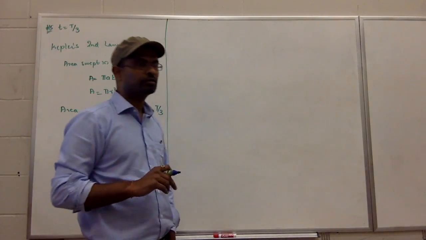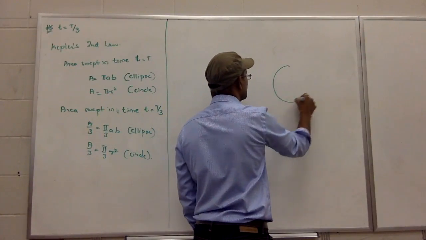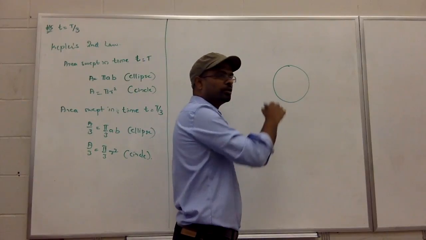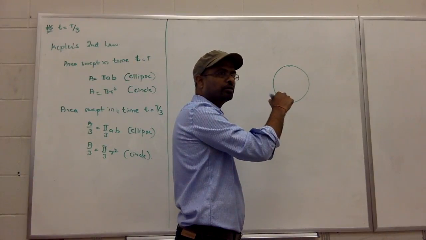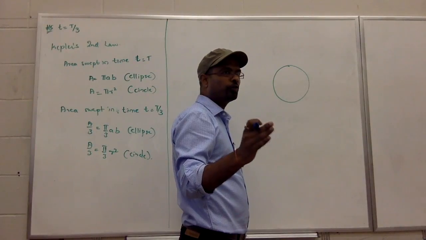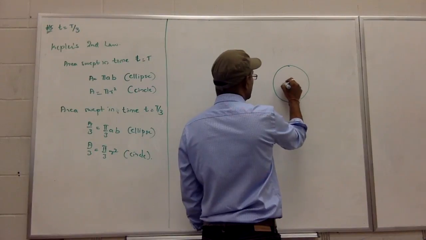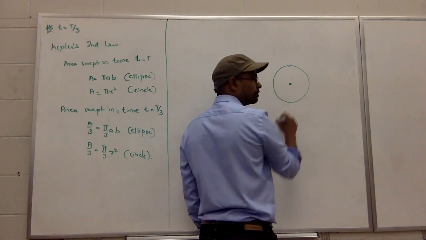So you have the circle. Let's draw it. This is Earth. Guys, pay attention. You're talking too much because nobody is able to hear. This is Earth. This is the center of Earth.